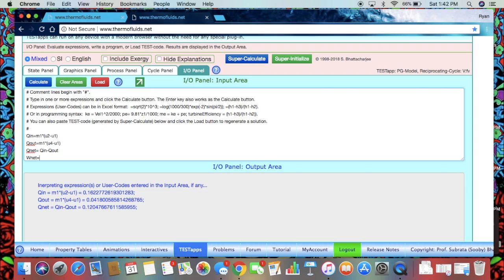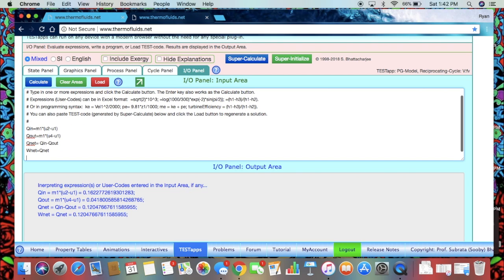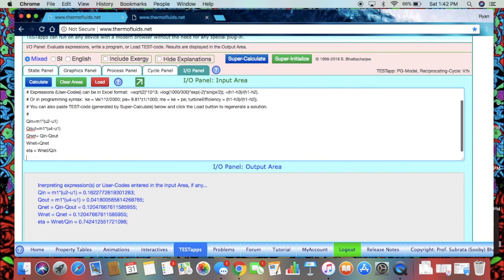Wnet, of course, equals Qnet. The efficiency will then equal Wnet divided by Qin, 74% efficient. And finally, our MEP will equal Wnet divided by the volume between state 1 and state 2.